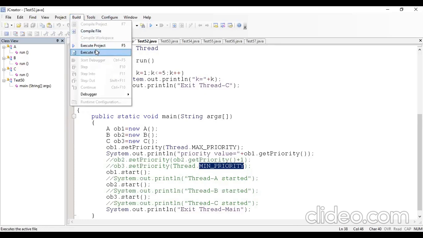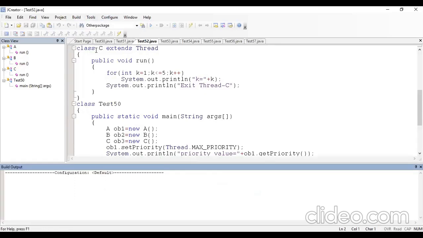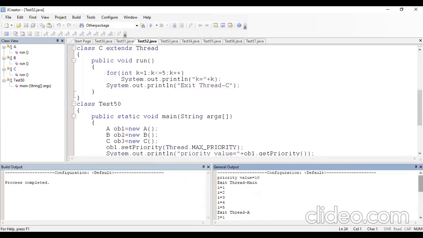Look. Yes, now it is fine. Now it is running fine. But earlier, when I executed this program, I didn't get this type of output. This is the desired output because look, the priority value of this thread is 10.